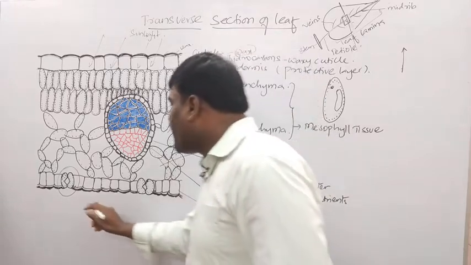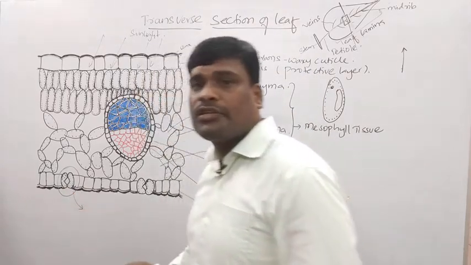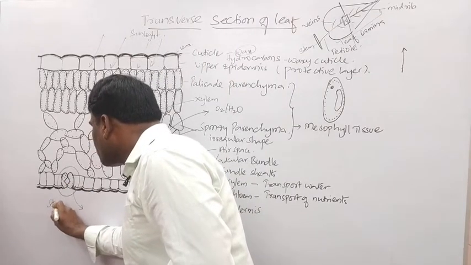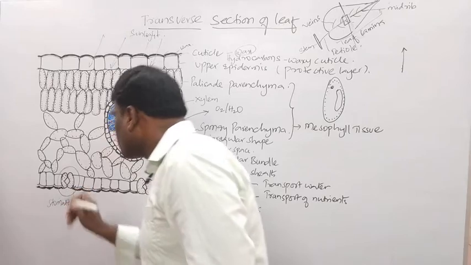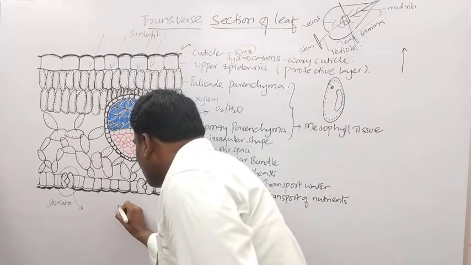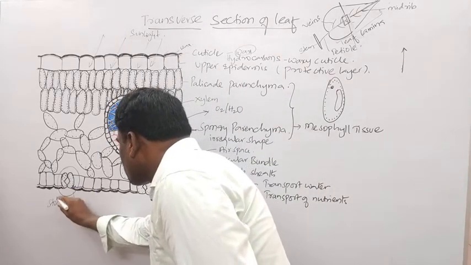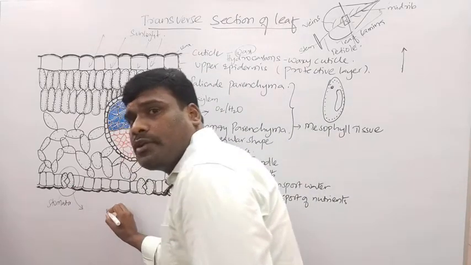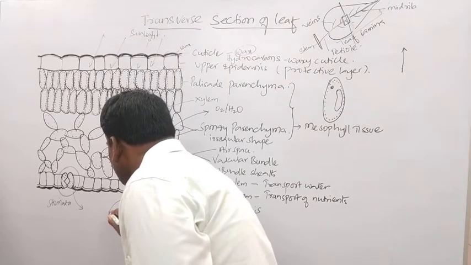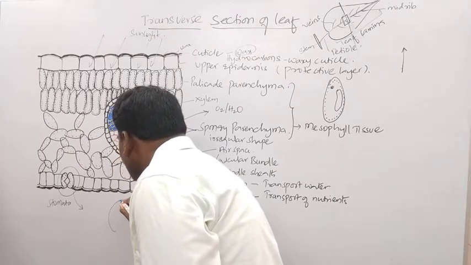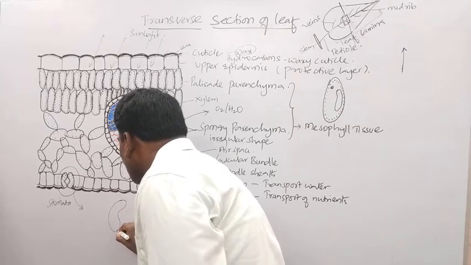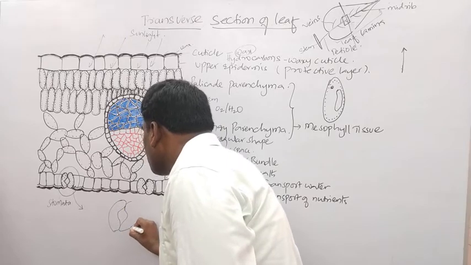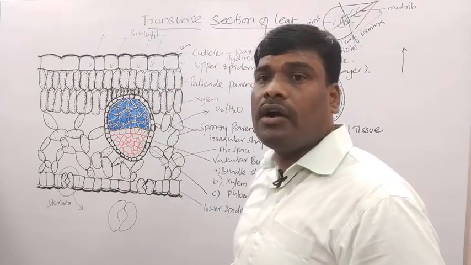If you magnify and see the structure of the stomata, the small opening, this pore, is called the stomata. If you observe the structure, it is bean shaped and guarded by bean shaped cells called guard cells.